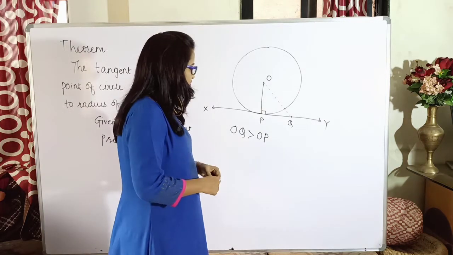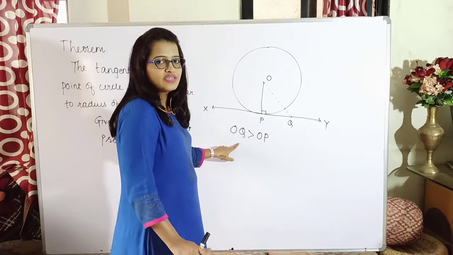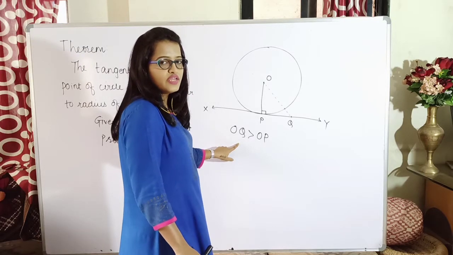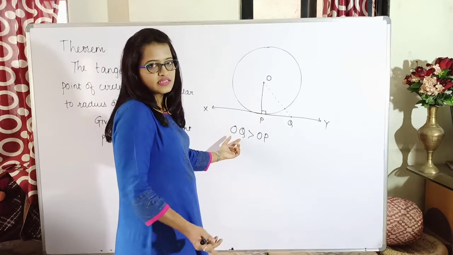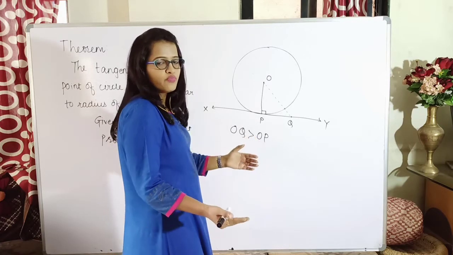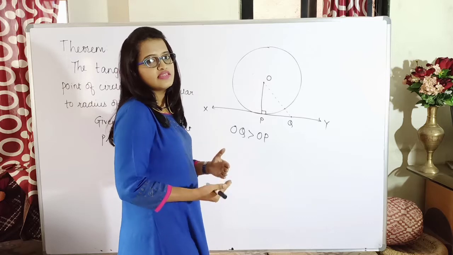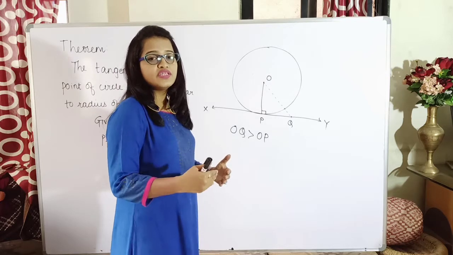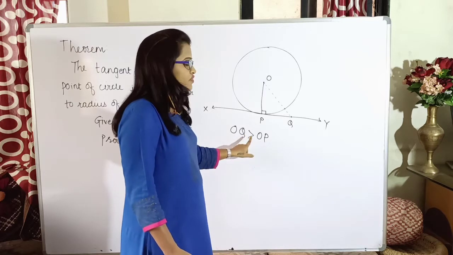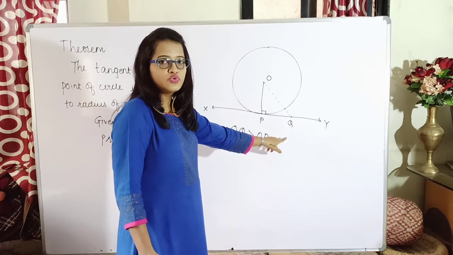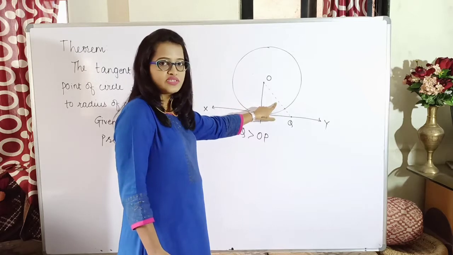Because if OQ was not greater than OP, what would it mean? That the point Q would lie inside the circle, because OP is my radius. Any point which has a length less than the radius will definitely lie in the interior of the circle.